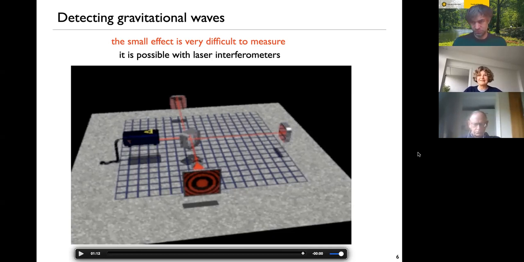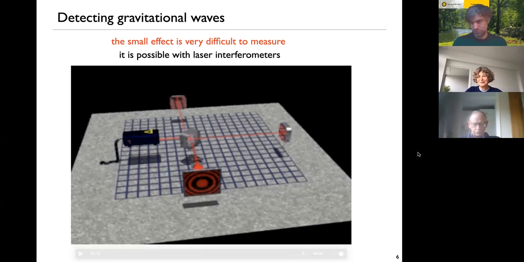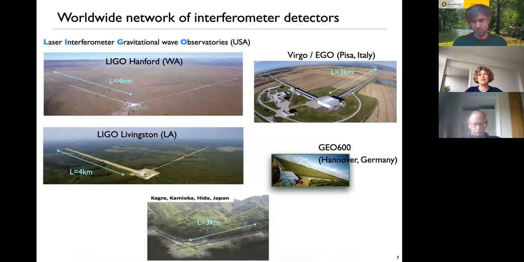But to do that, it doesn't just take a sensitive photodetector. It takes large-scale instruments, or even facilities is a better word, that have been built around the world. There are two detectors in the US called the LIGO detectors, which stands for Laser Interferometer Gravitational Wave Observatories. One is in Washington State, near the West Coast.